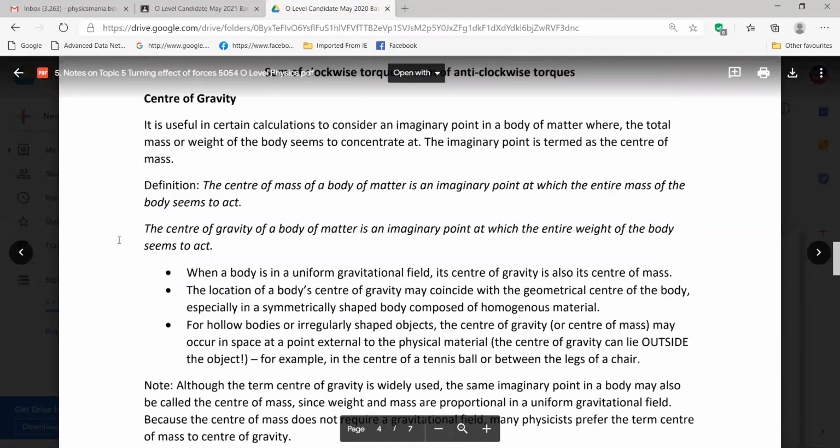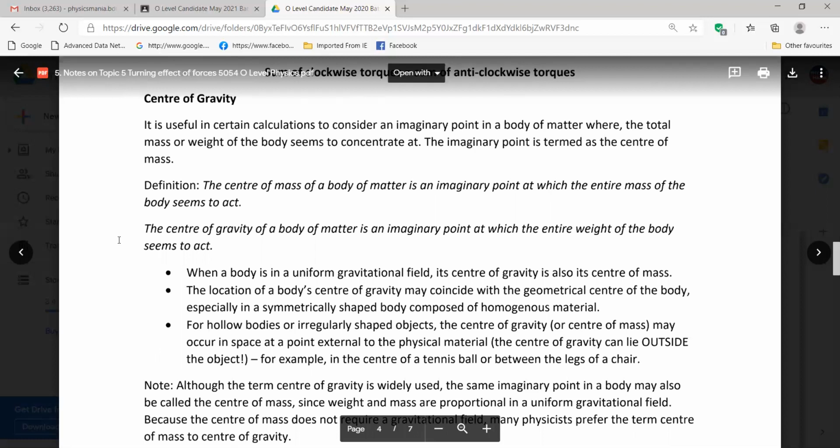Okay, center of gravity. What is center of gravity? We are going to understand that one. Center of gravity is the point where all the mass of the object is staying. Do you understand? Yes, sir.